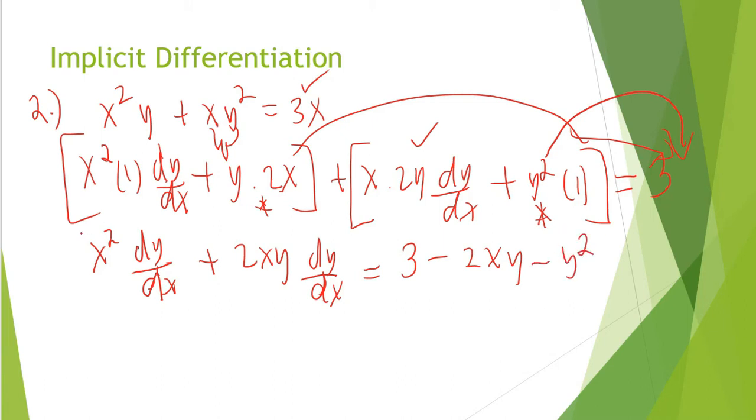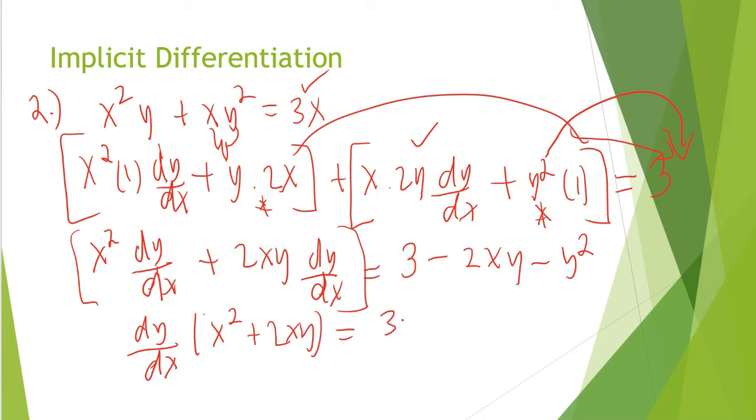And then we can factor this out by dy over dx, which is the common factor. That will give us x squared plus 2xy equals 3 minus 2xy minus y squared. And then divide both sides by x squared plus 2xy, to transfer this to the other side.